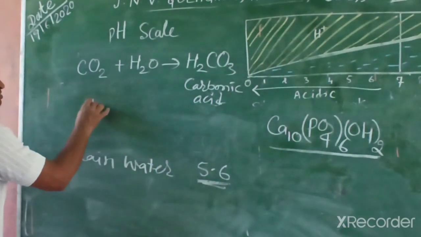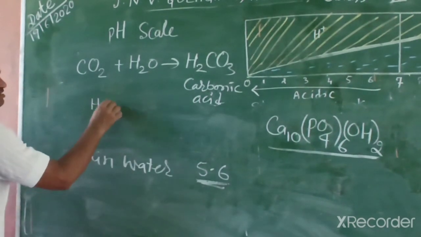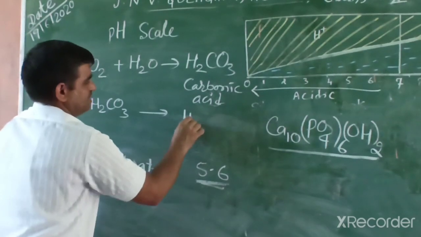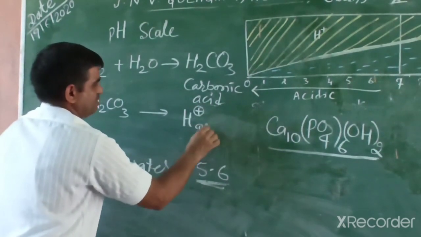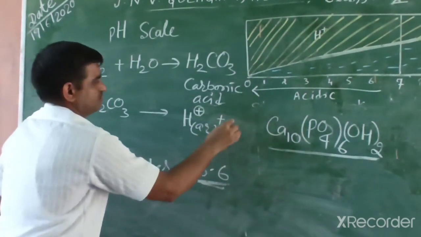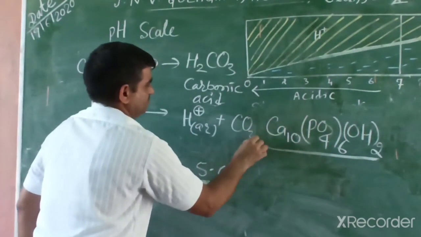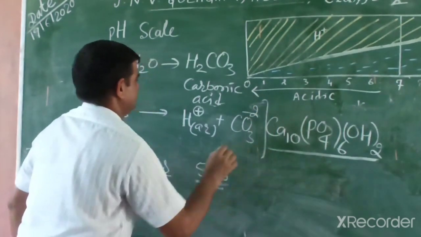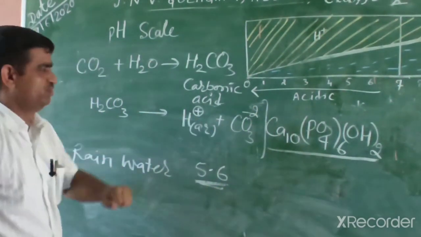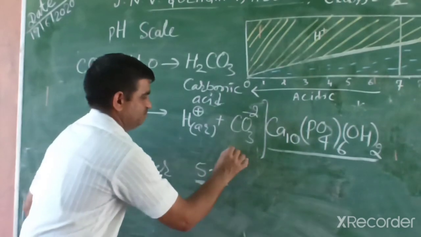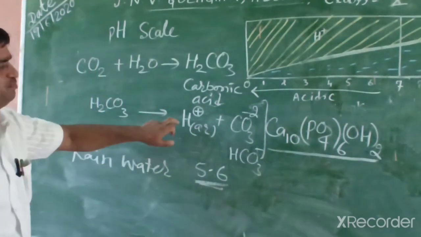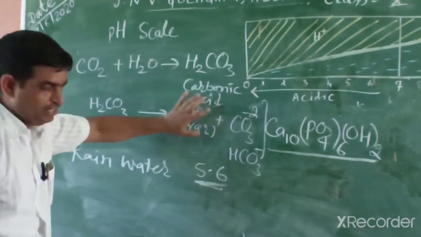When it dissolves in water, it produces hydronium ions aqueous plus carbonate ions, and sometimes bicarbonate ions also. Due to these ions, it produces a weak acid.